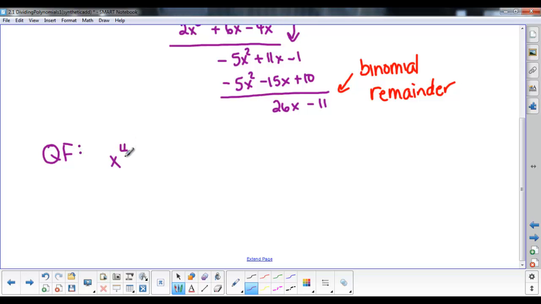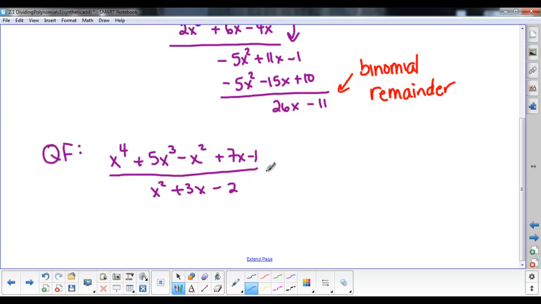Our dividend over the divisor equals our quotient plus our remainder over the divisor.